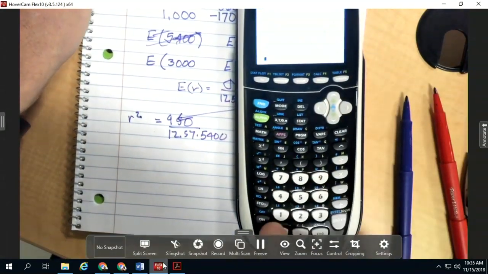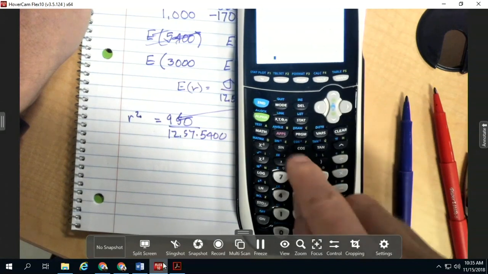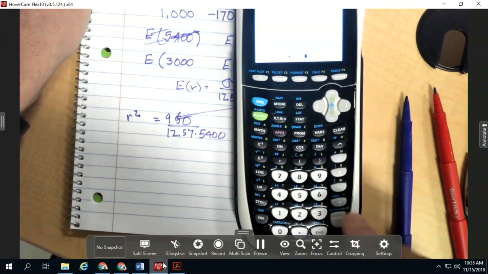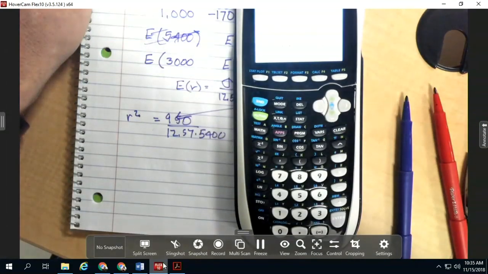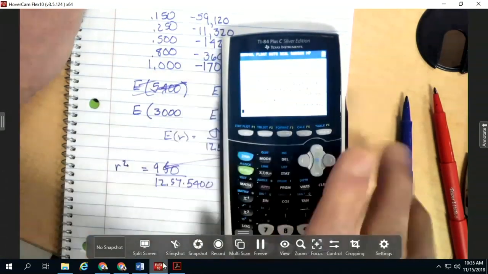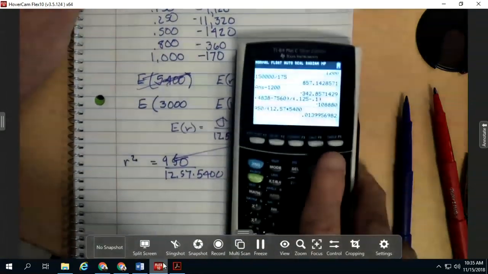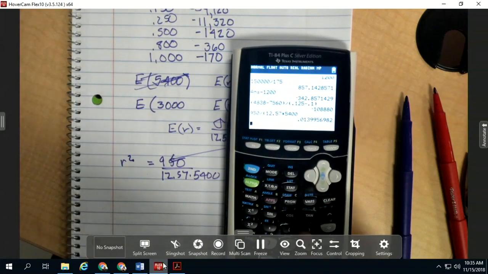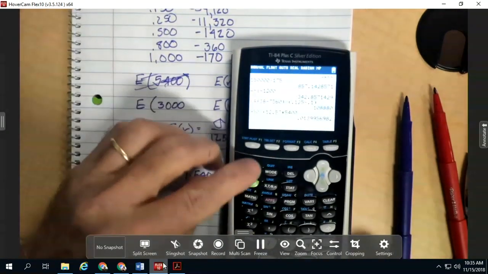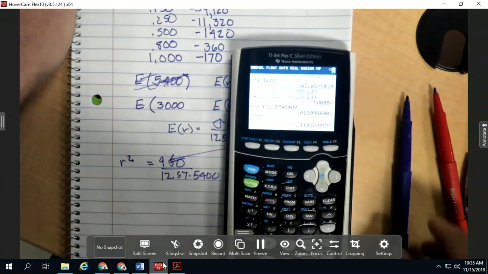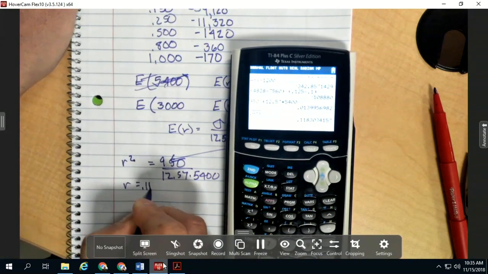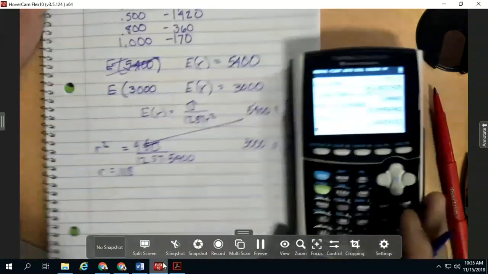So 950 divided by parentheses, 12.57 times 5,400. And then that's what the square is, so we have to square root that. Second function, square root of our answer is... R is 0.118, which is about what we said.